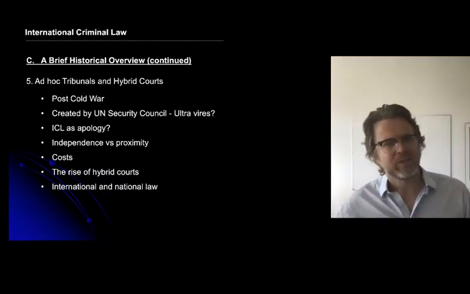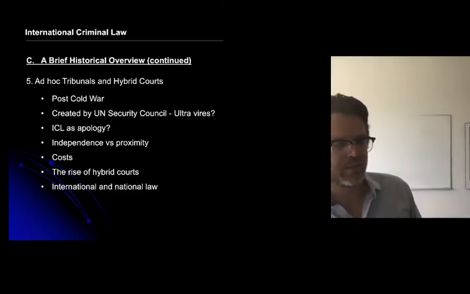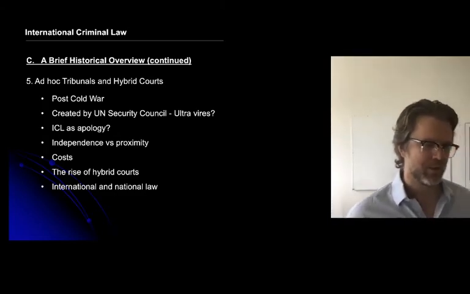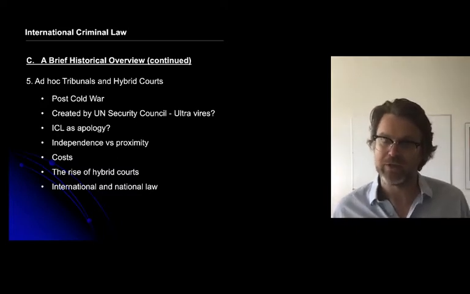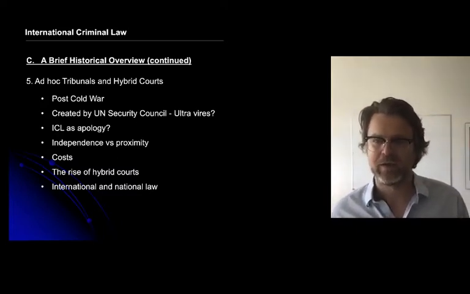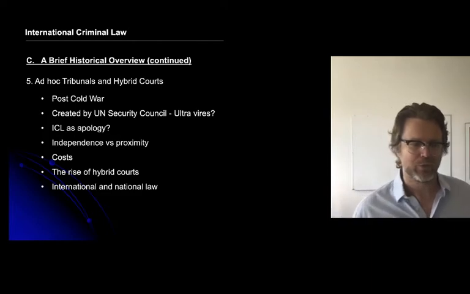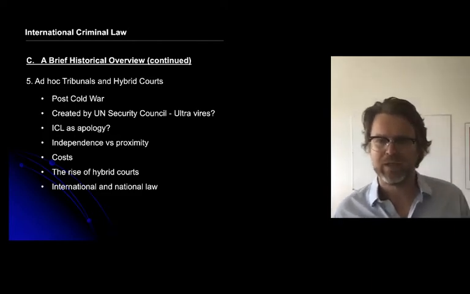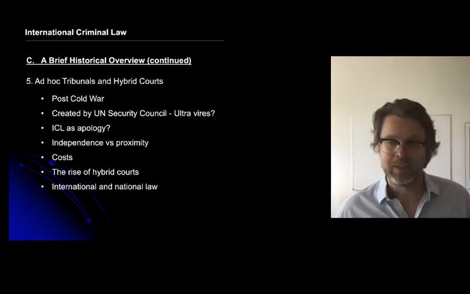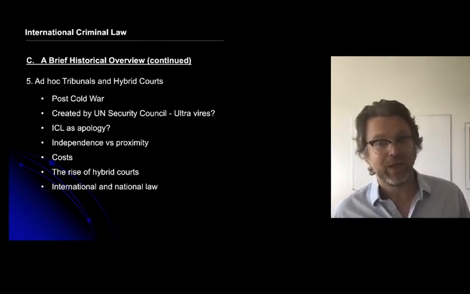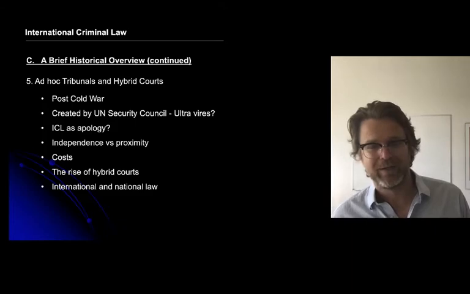And what's interesting about this also is there's a sense in which the creation of the tribunal by the Security Council is an apology for the Security Council's own failures. The Security Council has an obligation to ensure peace and security, and in instances like the former Yugoslavia, then Rwanda soon after, it's a fairly spectacular failure of responsibility on your part.